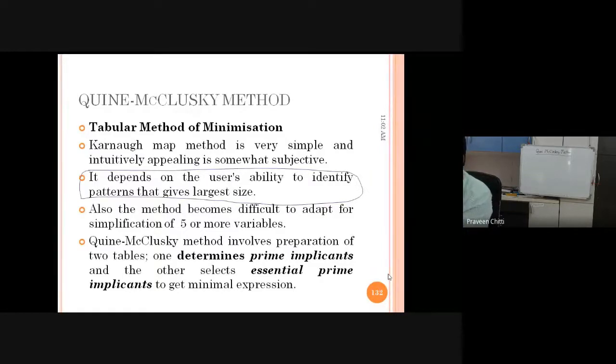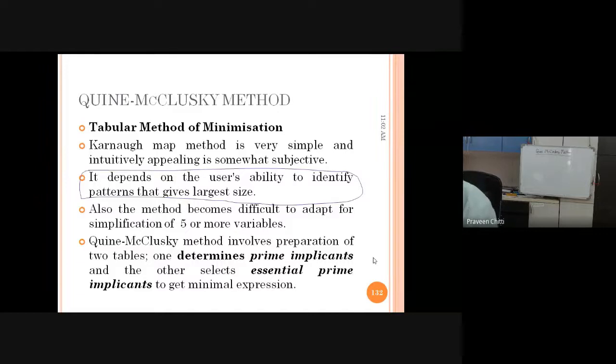Whenever you form any group, whether that group is redundant or not, every product term corresponding to that group is called a prime implicant. Whereas only those groups which you consider for the minimized SOP expression, the product terms corresponding to those essential groups are called essential prime implicants.